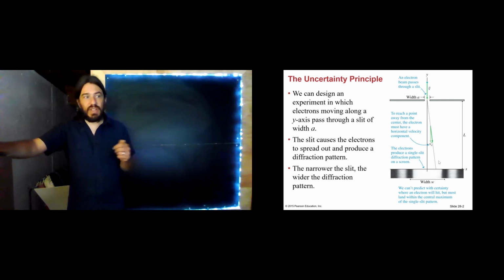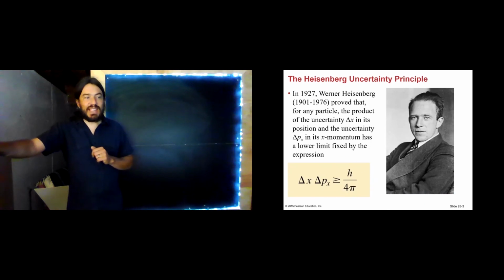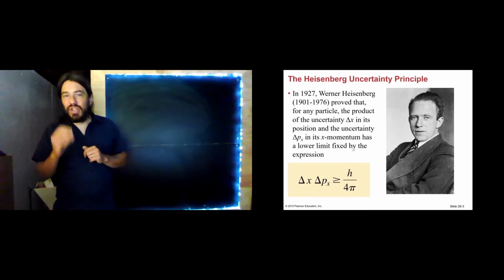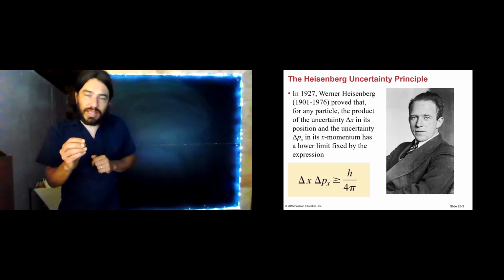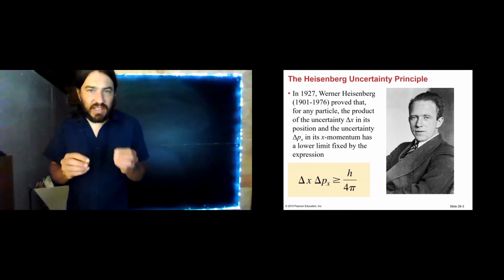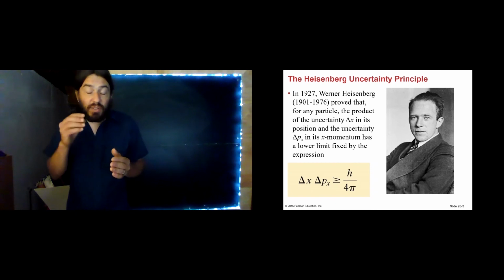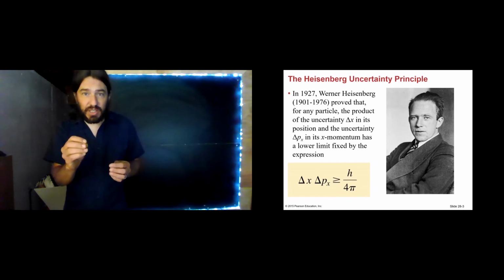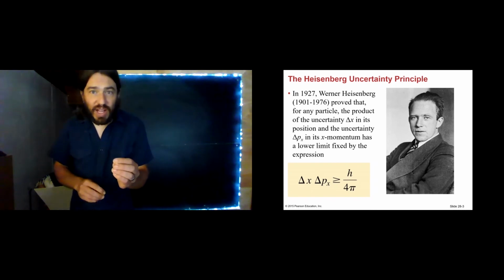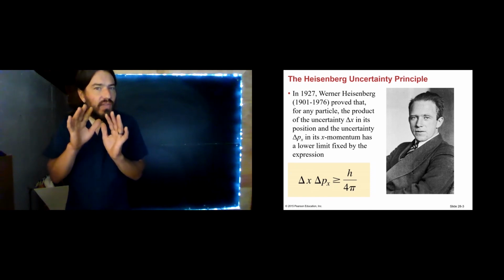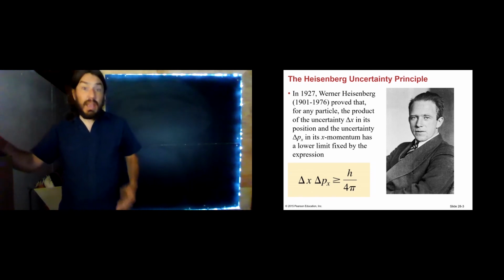This is the basis of the uncertainty principle. It says that we can never ever know exactly where a particle is and exactly how fast it's moving at the same time. Never ever. You can never know precisely an object's position and precisely its velocity. It's a very, very surprising conclusion.